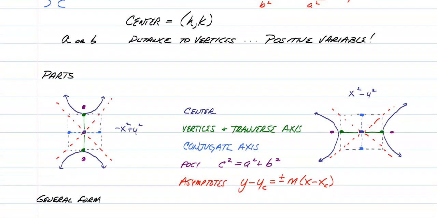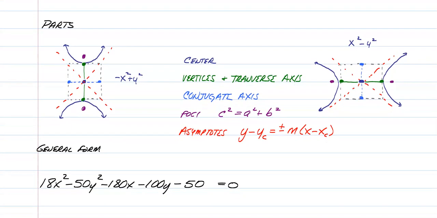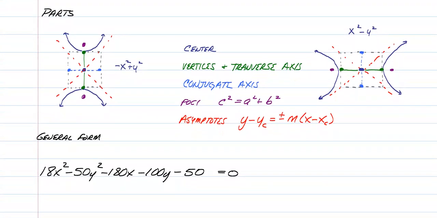Then we've got some similar but different parts here. Again, if y is positive, it opens up and down. If x is positive, it opens left and right. They all have a center. Now we have our vertices and our transverse axis.